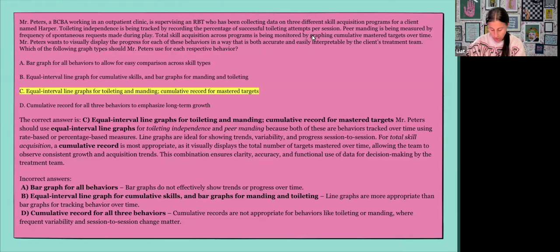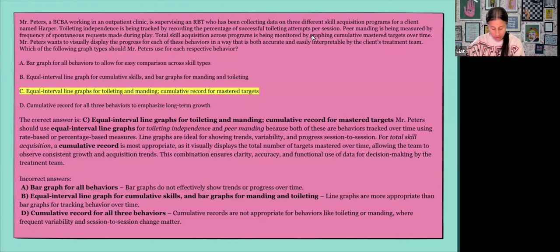Total skill acquisition across programs is being monitored by graphing cumulative mastered targets over time. Mr. Peters wants to visually display the progress of each of these behaviors in a way that is both accurate and easily interpretable by the client's treatment team. Which of the following graph types should Mr. Peters use for each respective behavior?